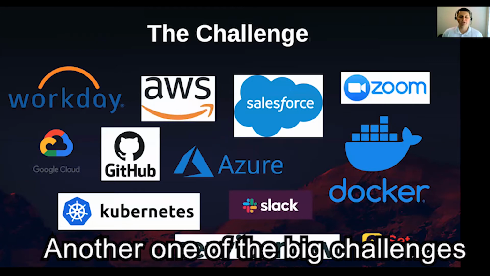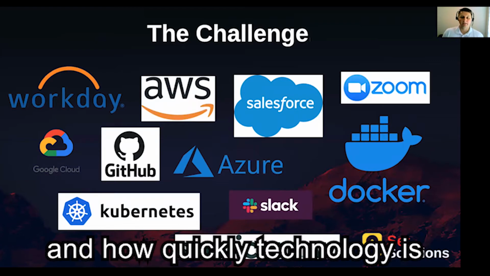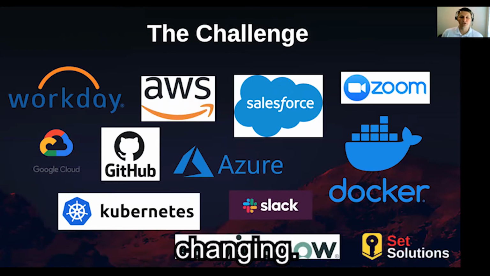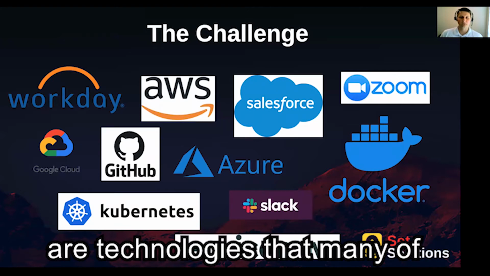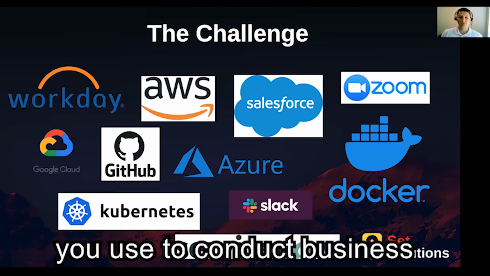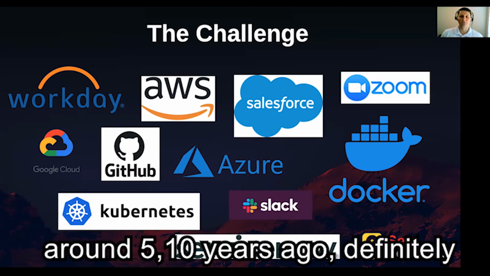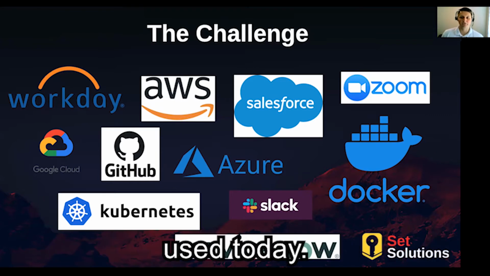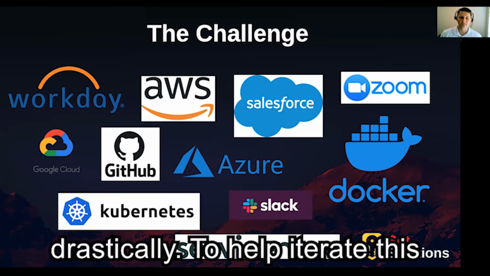Another one of the big challenges is around the evolving technology and how quickly technology is changing. Many of these are technologies that many of you use to conduct business, but almost none of them were around 5-10 years ago, definitely not to the extent that they're used today. So the attack surface that we're trying to protect has changed very drastically.